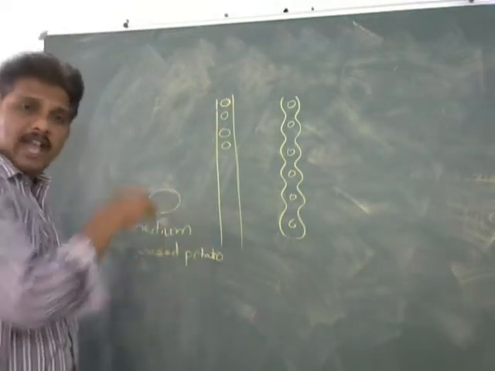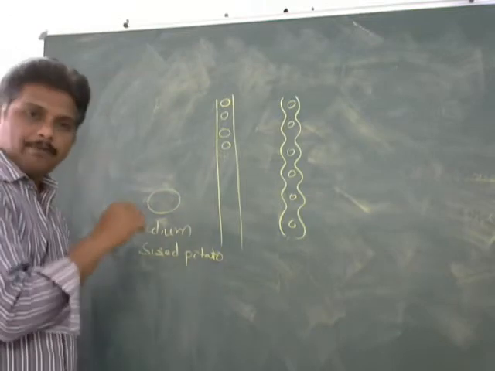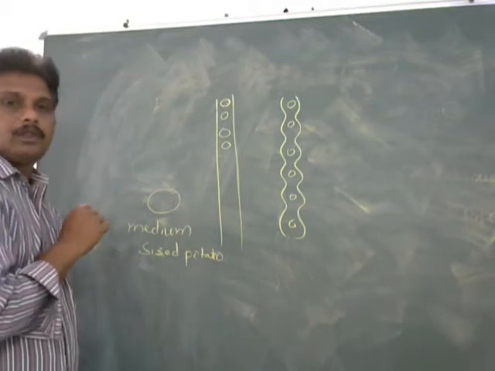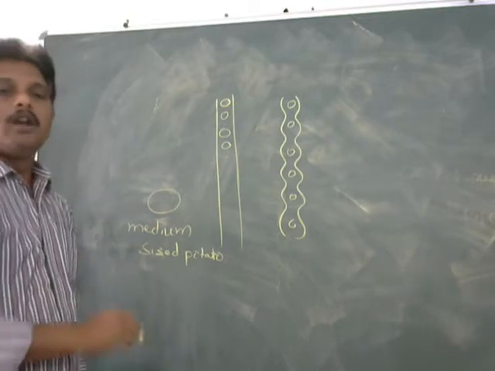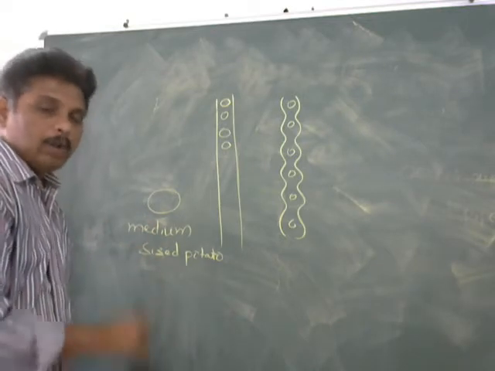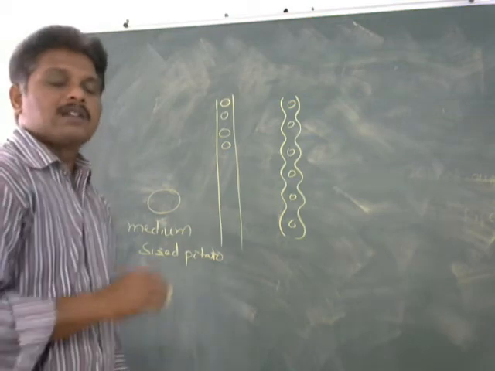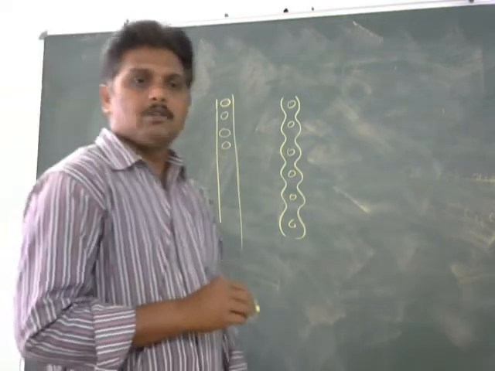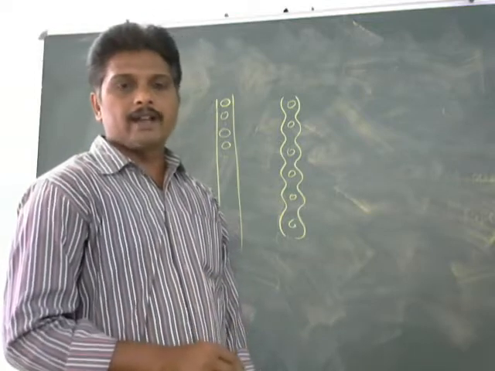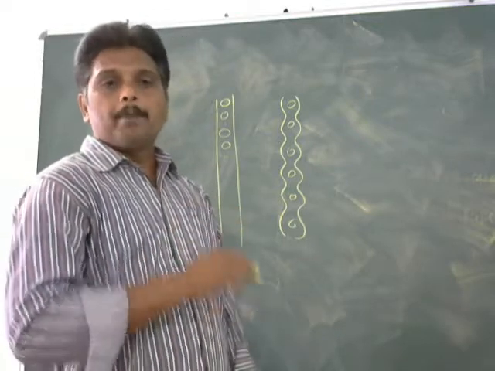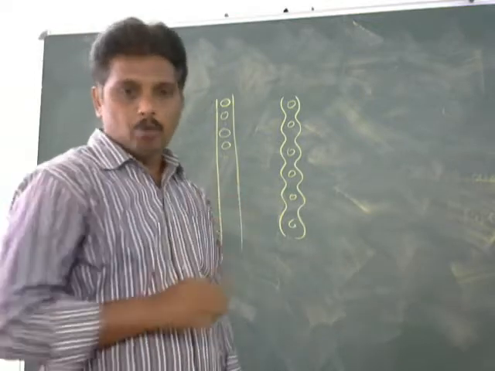In the same way, the food bolus slides down along the length of the esophagus. The movements which help in sliding down of the food bolus into the stomach along the esophagus are called peristaltic movements.